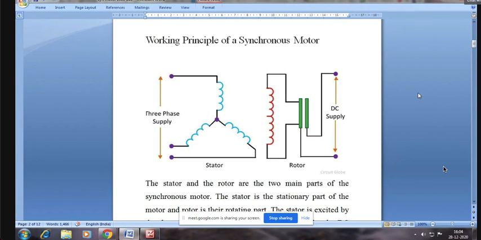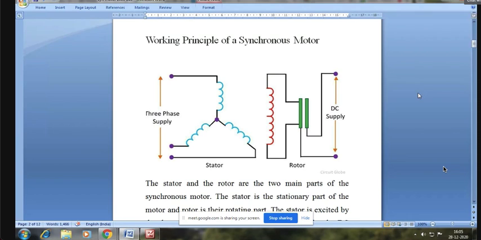The difference between the two machines is that in an alternator, we supply mechanical power to the rotor and make it rotate or run. And in the process, we take out electrical power from the stator.